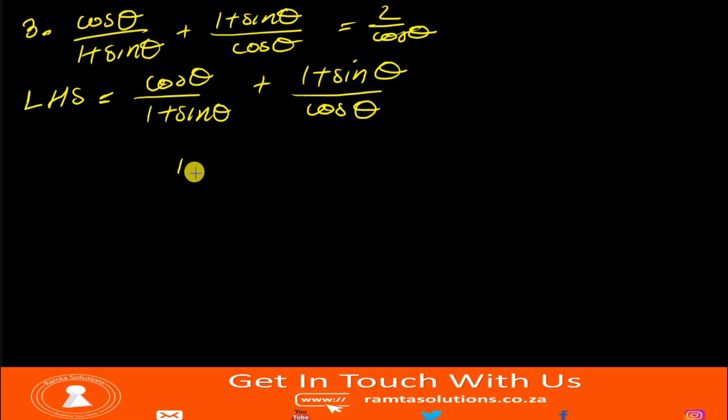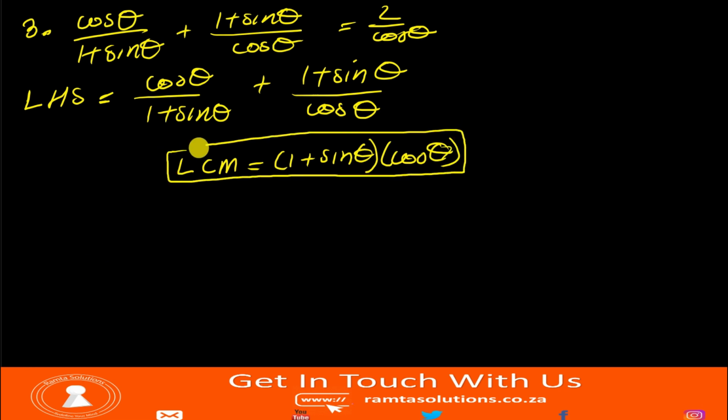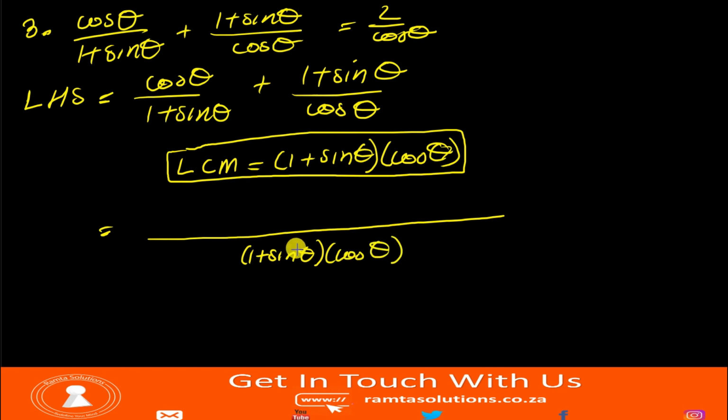So here you have, because you have dissimilar terms in the denominator, you will use lowest common multiple, which is 1 plus sine theta multiplied by cos theta. So you will then say your lowest common multiple, you write it in the bottom, 1 plus sine theta multiplied by cos theta.